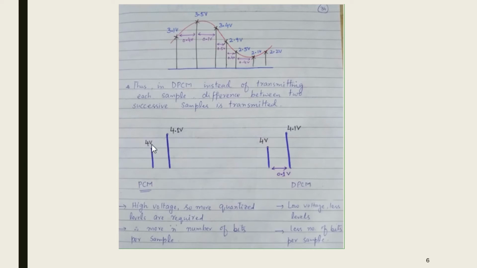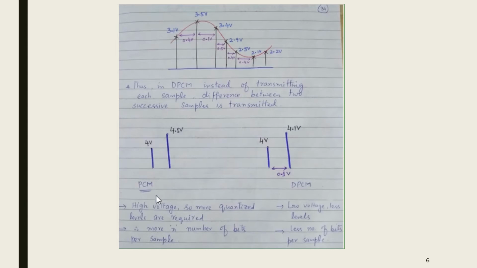If we have to transmit 4 volt and 4.1 volt, we know that it is a high voltage, so more quantization levels are required. More quantization levels means L is increasing. When L is increasing, then according to the formula L equals 2 raised to power n, n will also be increasing. So more bits will be assigned to each sample.